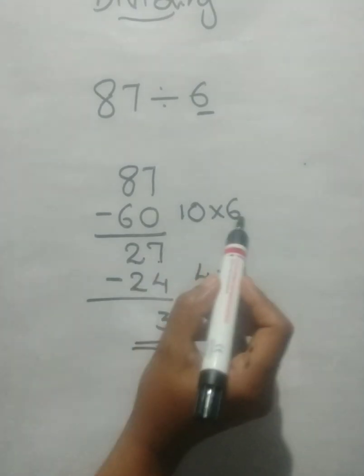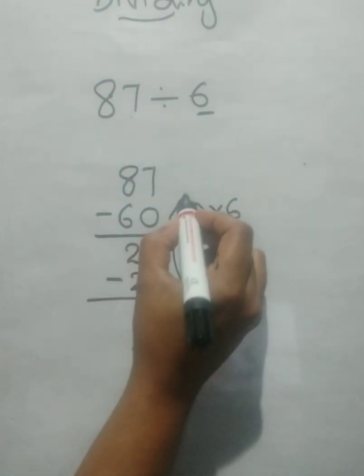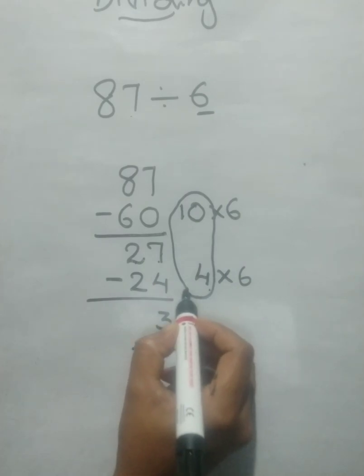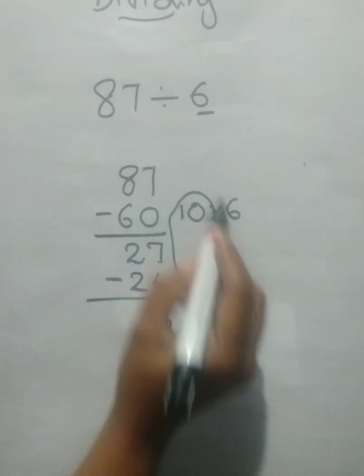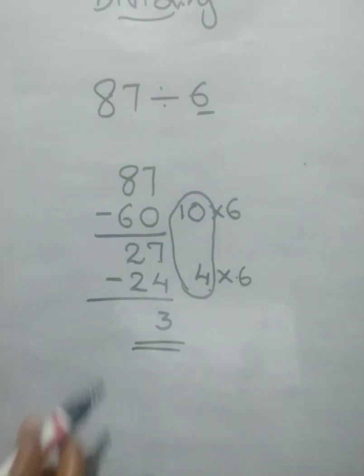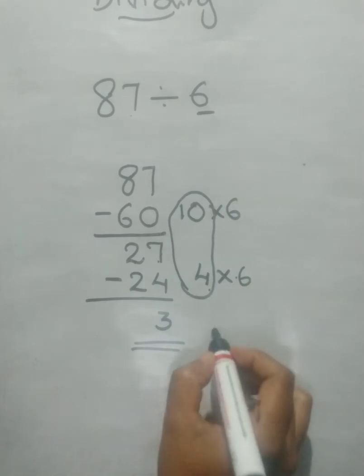Then how many 6 are there in 87? We have to add these two numbers. Not 6 and 6. Which numbers we multiplied with this number? So 10 plus 4, 14.